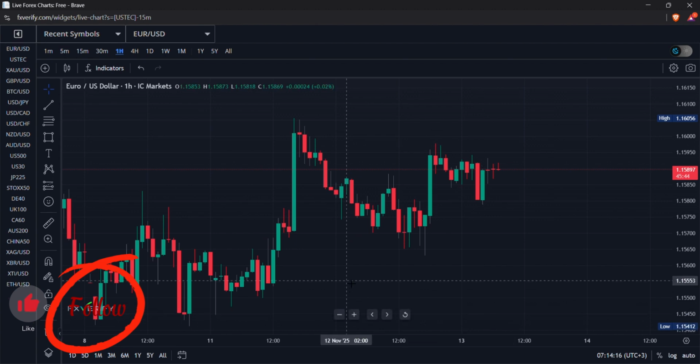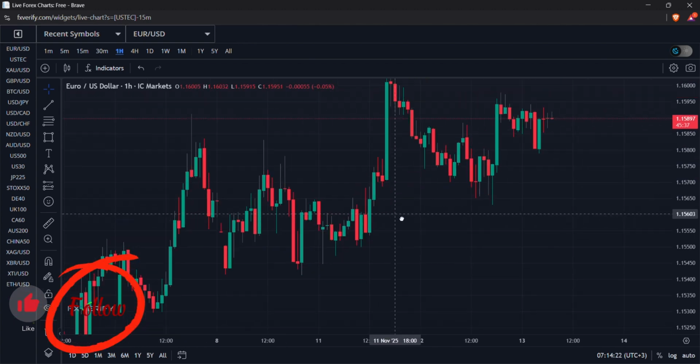And as you can see here, yesterday the market started by a nice retracement to the downward side. There was a rally up on the 12th here.